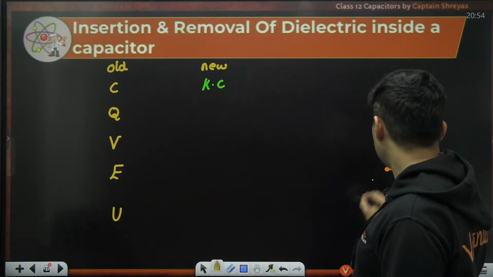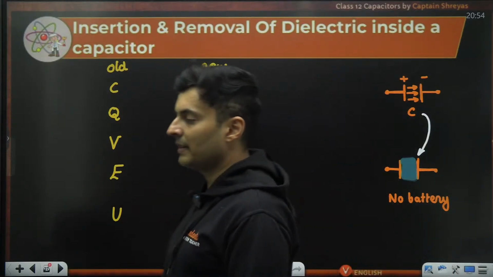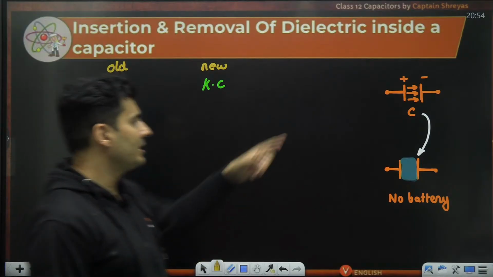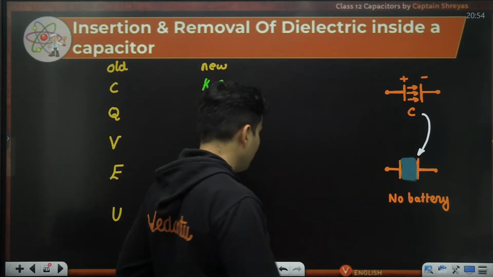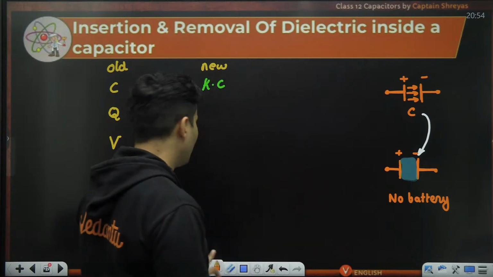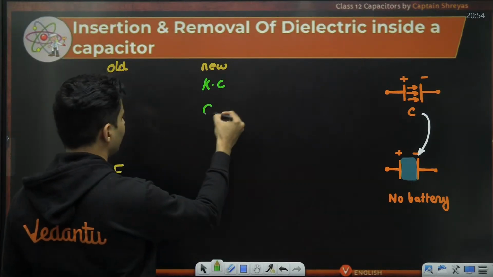Now, what's the difference when there is no battery versus battery? Here is the difference. When there is no battery connected, the charge on it has no place to escape. So the charge will remain the same.